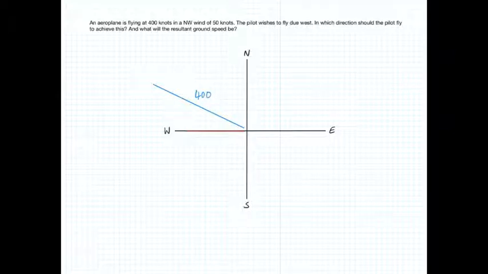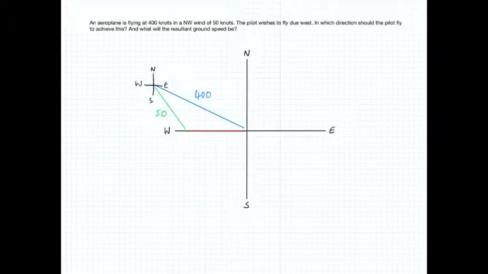So if we draw a mini north, south, east, west coordinate system at the end of our plane, the wind direction is then in a southeasterly direction. And the resultant of those two will give us the resultant of the flight of the plane. So the wind is going in 50 knots in that direction.